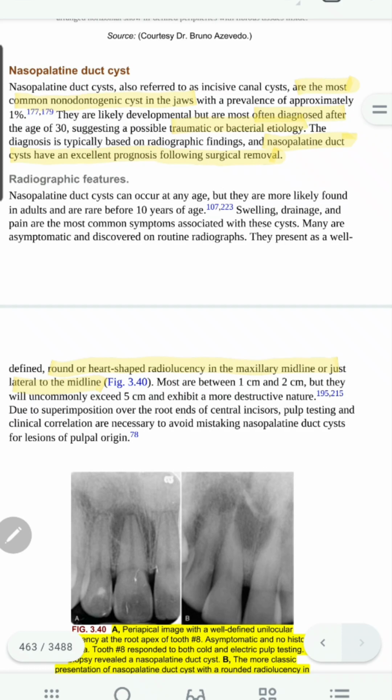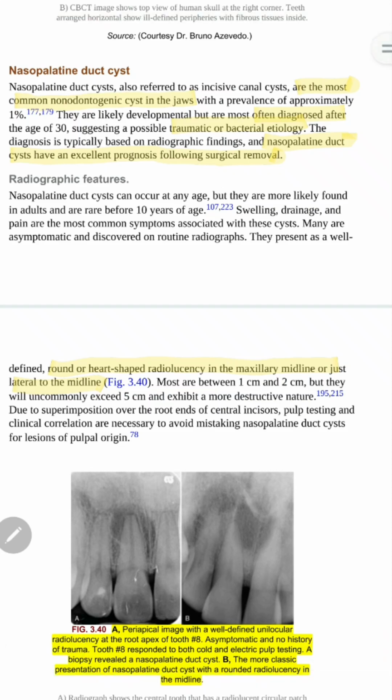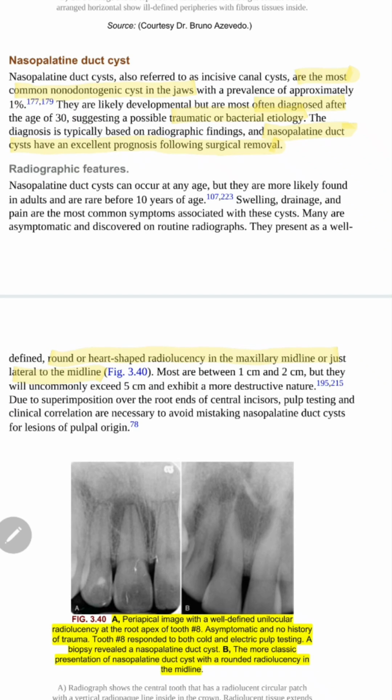We finalize things up by talking about one of the most common cysts appearing in the maxillary area, which is the nasopalatine duct cyst. It actually has an excellent prognosis following surgical removal. It is usually located in the midline of the centrals, going to the laterals a bit.